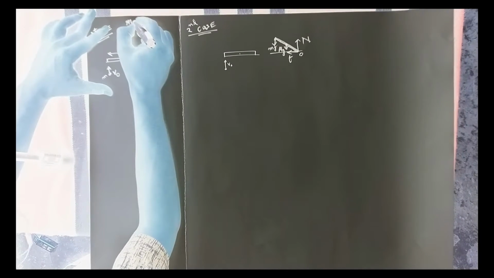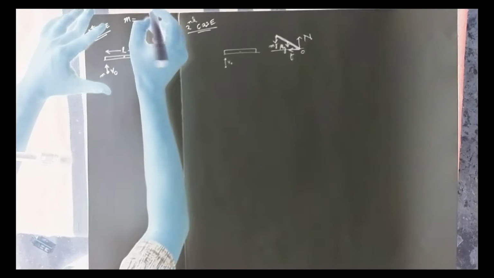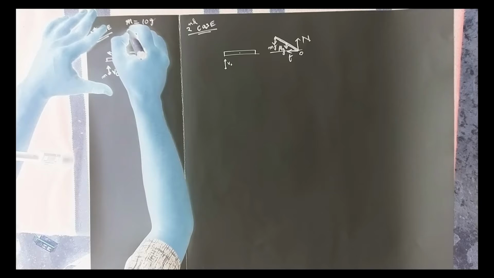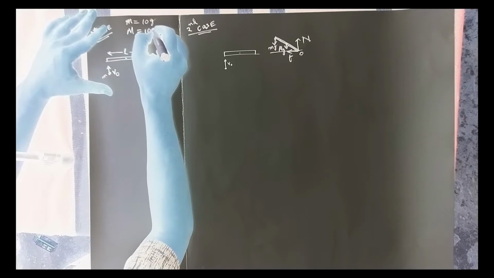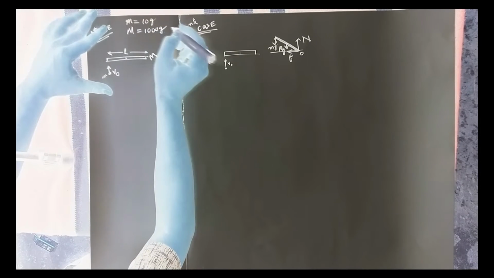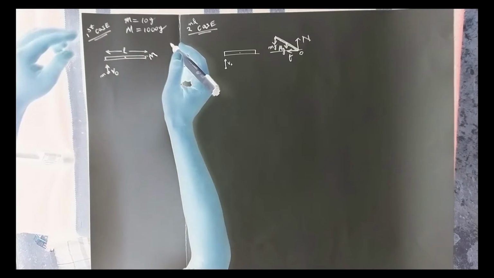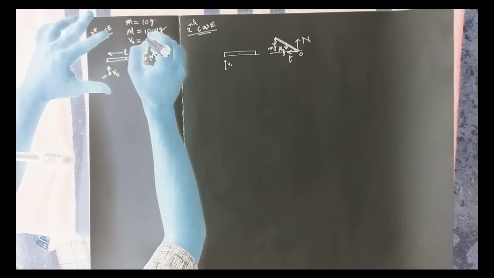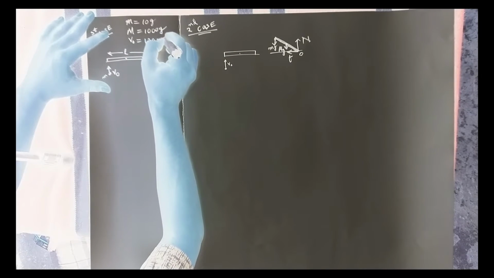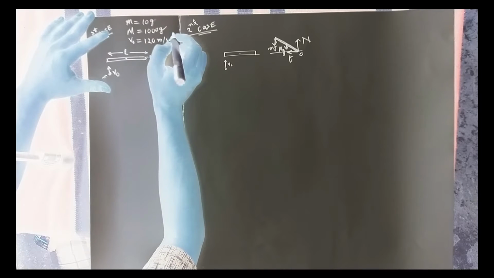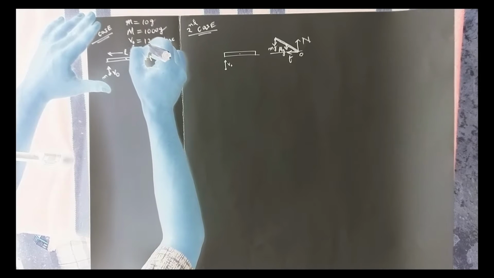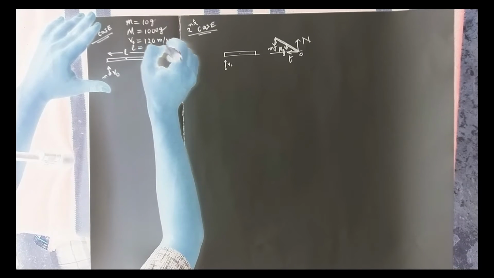So I am taking the value of small m as 10 gram, capital M as 1000 gram, v naught as 120 meters per second, and the length of the rod as 30 centimeter.